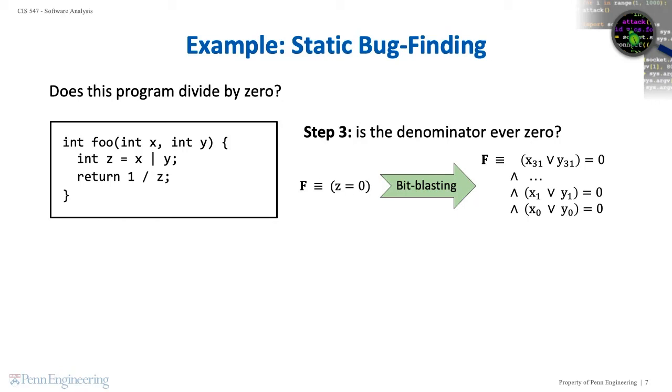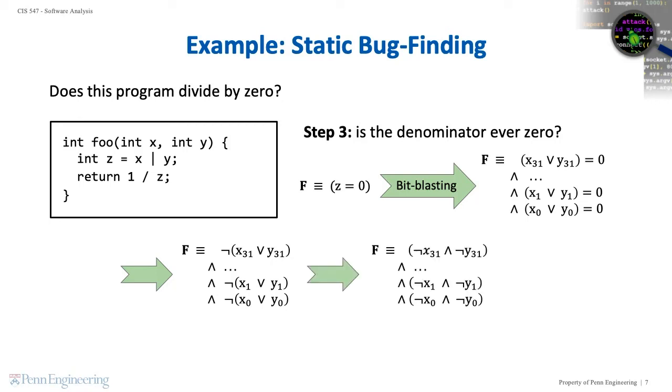This formula is not in CNF, but it can be easily transformed into one in two additional steps. We first replace each clause xi or yi equals 0 with the equivalent clause not of xi or yi. It is easy to see that the former clause is true if and only if the latter clause is true.